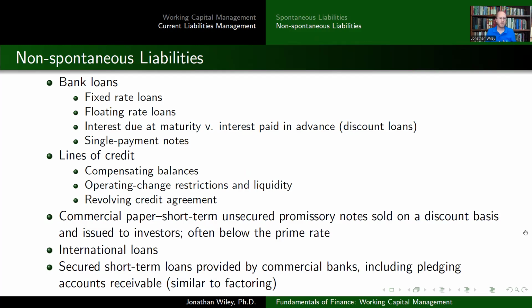It basically is a form of collateral. It could be something like using inventories as the security or the collateral for the loan. And there can be limits and parameters for how that's executed. One other possible way is pledging accounts receivable, using accounts receivable as the backstop for the short-term loan.